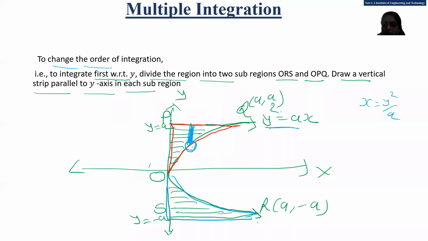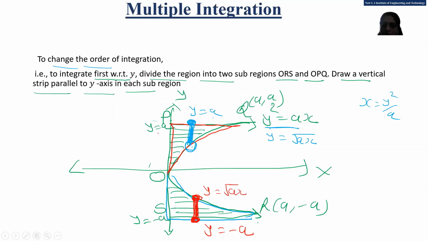So I can write here y square is equal to ax, so my bottom part is y is equal to under root ax. And my upper part is on what? y is equal to a. This is the line y is equal to a. And for the second sub-region, my lower part is y is equal to minus a, and my upper part is y equal to root ax.